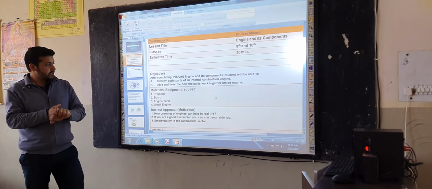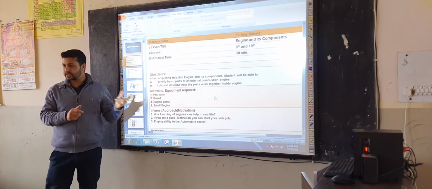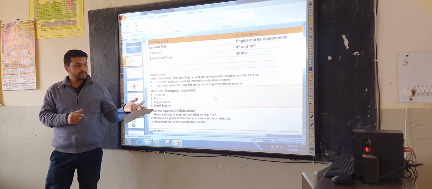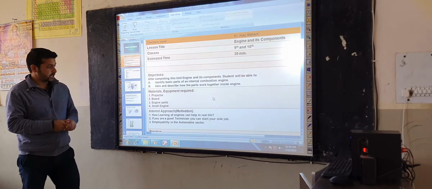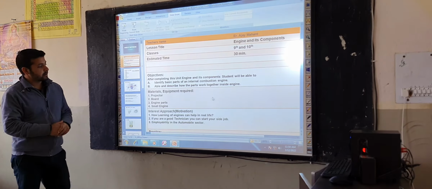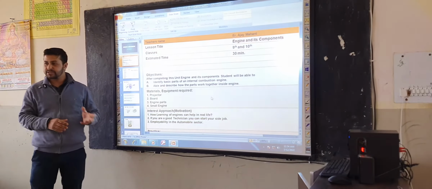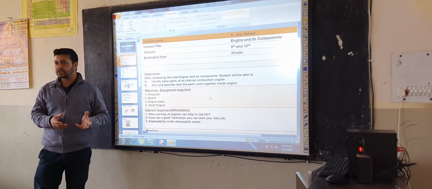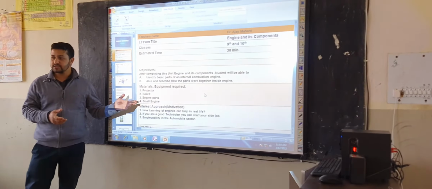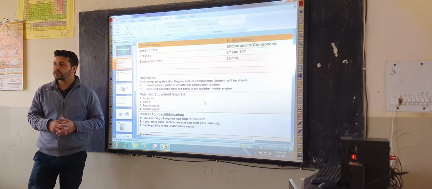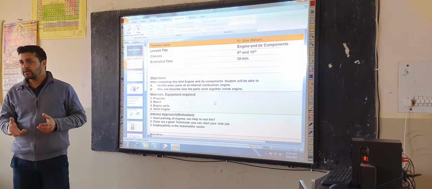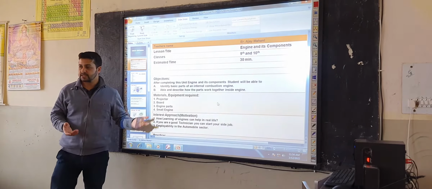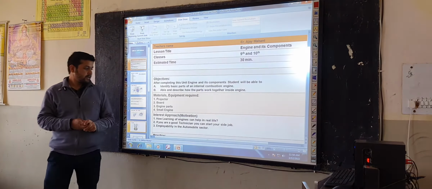And we need materials and equipment for this. For the theoretical work, number one is projector, number two is a smart board, number three, to understand engine components, engine parts or its model, and a prototype or a small model in which we can see how an engine works.